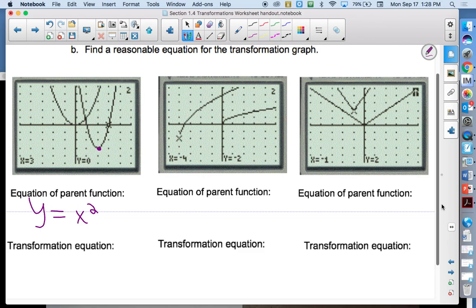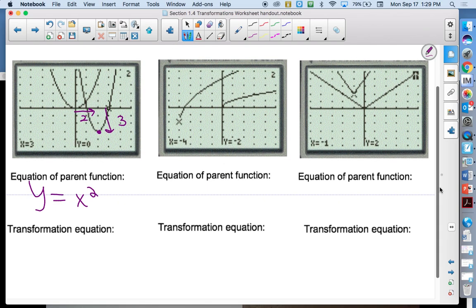Brandon, how does the vertex shift from the parent function to the new one? It goes right 2 and then down 3. Yeah. So right 2, down 3. So how would you write that then, Brandon? f of x equals 2x squared minus 3.